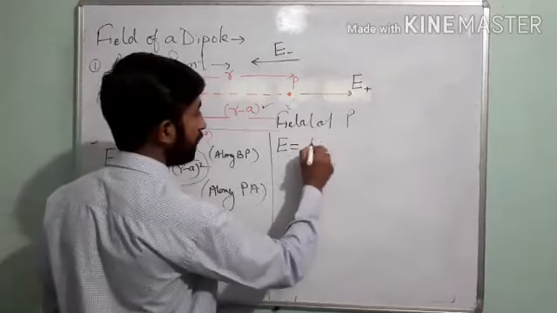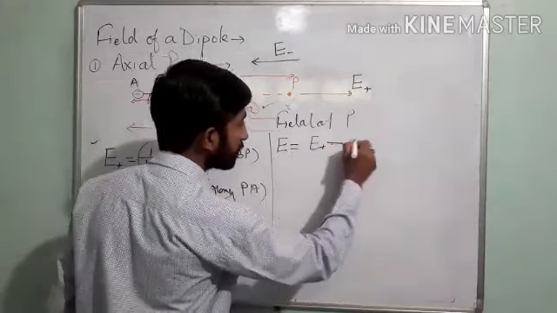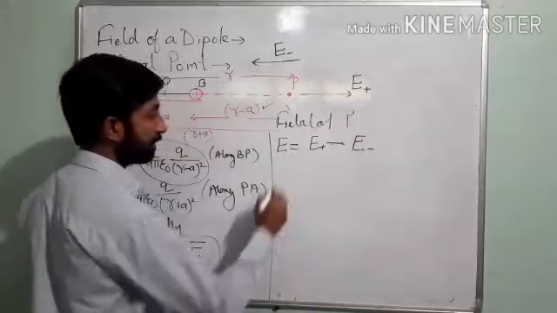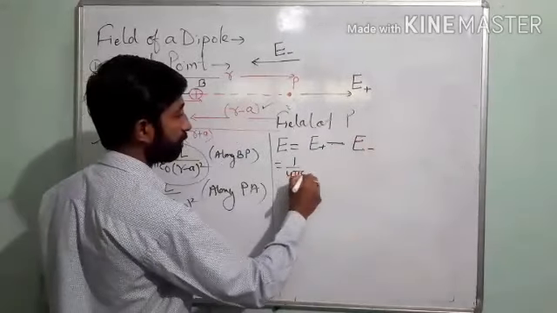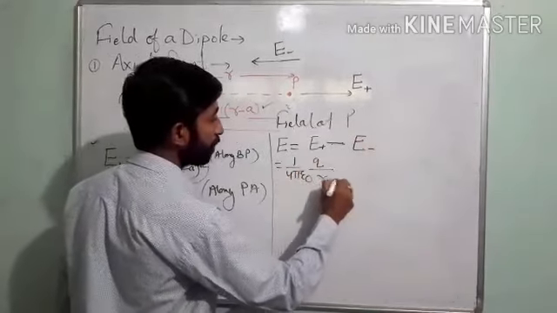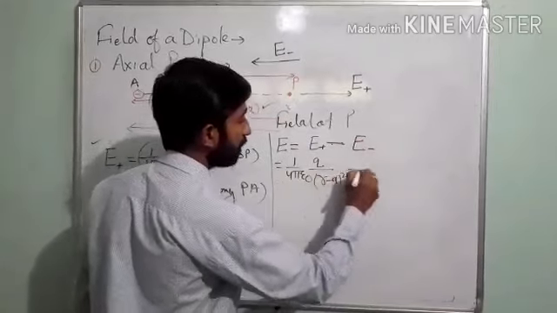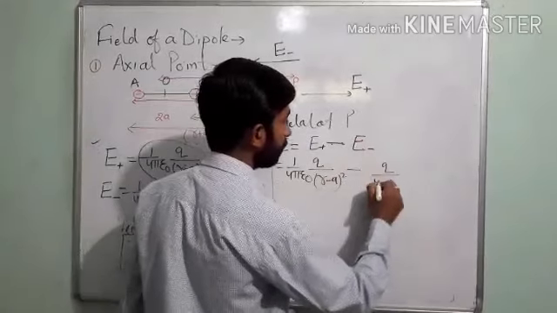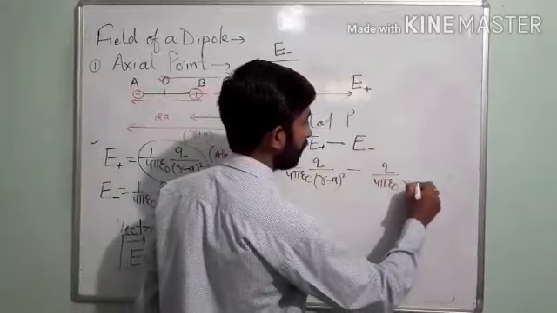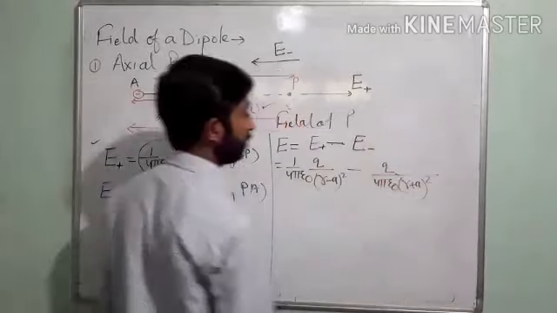So E plus minus E minus, that is 1 upon 4 pi epsilon naught q upon (r minus a) square minus q upon 4 pi epsilon naught (r plus a) whole square.